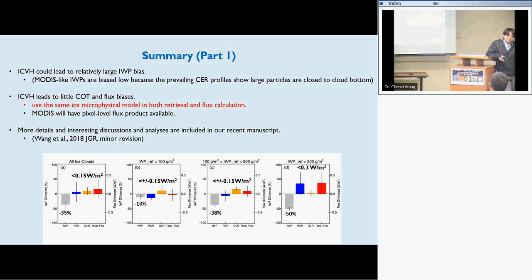So it provides uncertainty for COT and uncertainty for particle size. So you combine them together, I think the typical uncertainty for IWP could be about 50%. I have to say, but not quite. I'm not 100% sure about that.